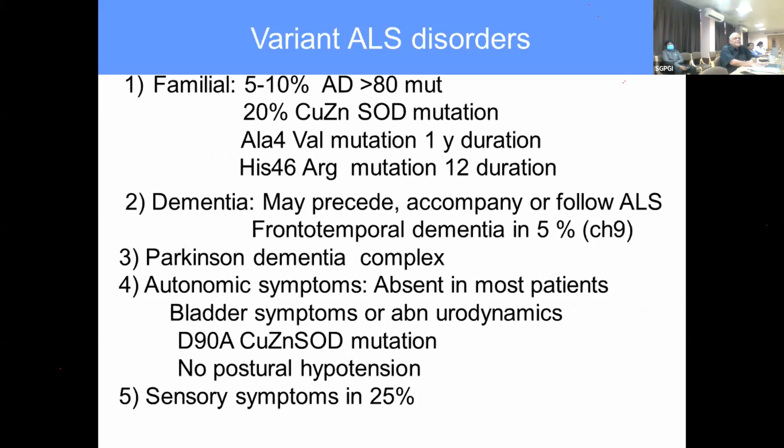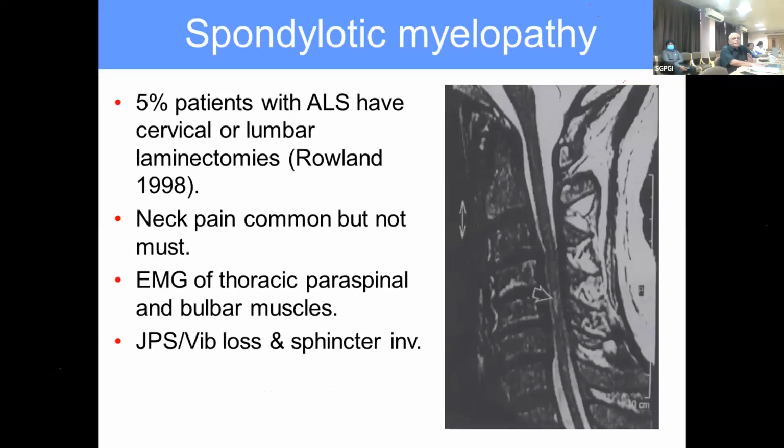Well, variant ALS disorders, you all know that familial disorders are very rare, and it may be sometime with frontotemporal dementia or Parkinson dementia complex of Guam, and there are certain genetic disorders, but I'm not going to bother you with that. Spondylotic myelopathy, we all have seen cases, I remember one of my teachers in the respiratory department who presented with weakness in the upper limb and lower limb for spastic.